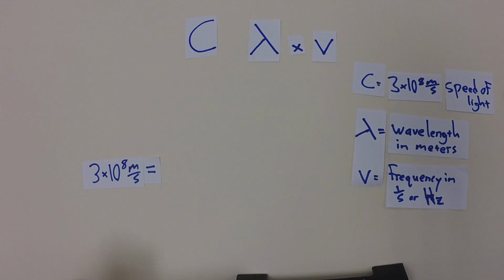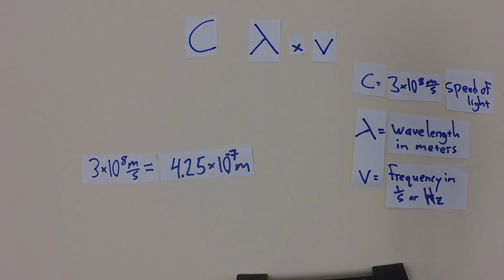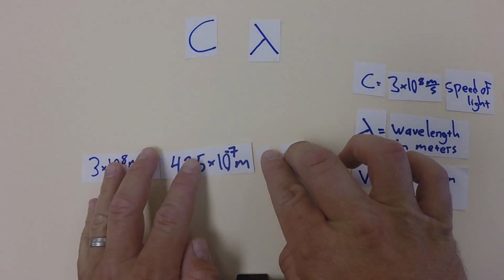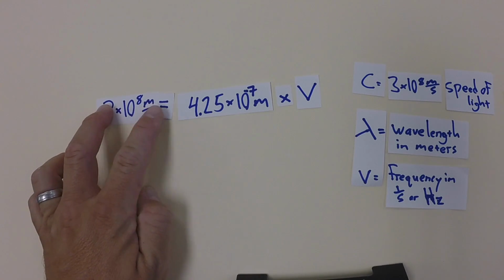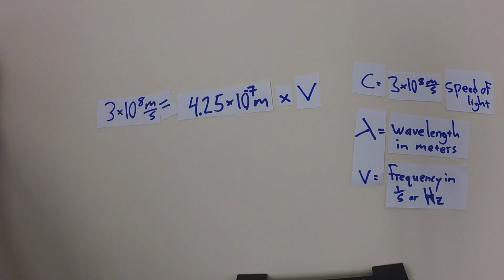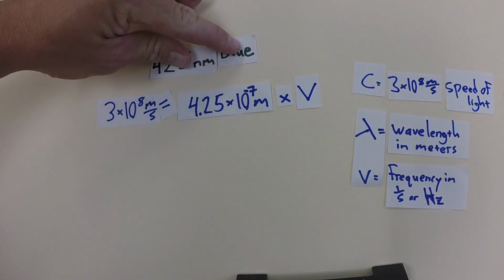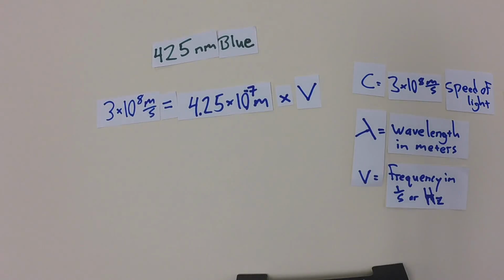And when I do, I get 4.25 times 10 to the negative 7th. That's our wavelength. And that's going to be multiplied by frequency. So that's our setup for the equation. Again, I want to know what the frequency is of this blue wavelength, this blue photon of light. Keep in mind, photons are particles of light.